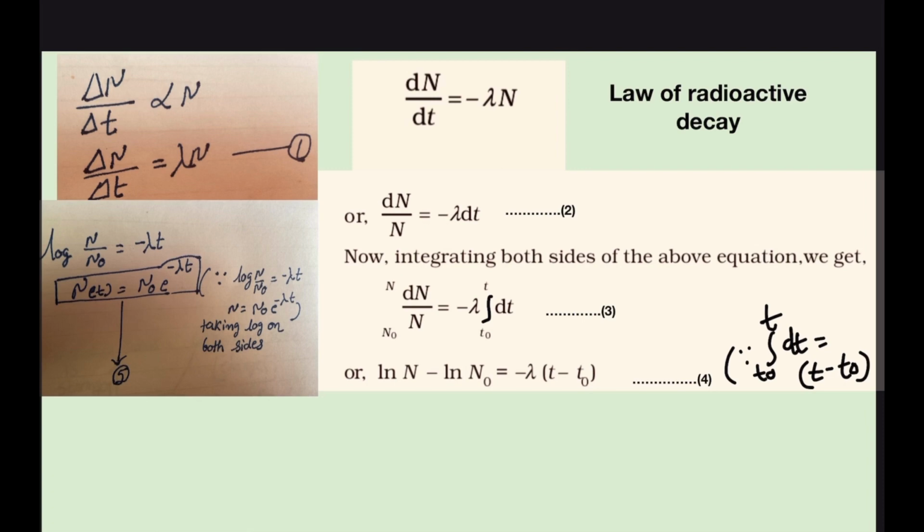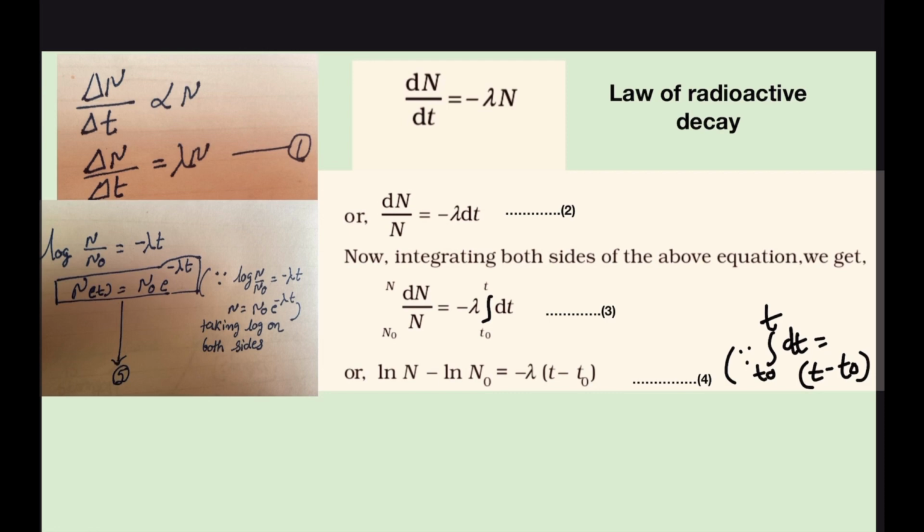The change in the number of nuclei, dN, is equal to minus delta N, because we are talking about decay. So equation 1 becomes dN by dt is equal to minus lambda N. If we take N to the left side, our equation becomes dN by N is equal to minus lambda dt.